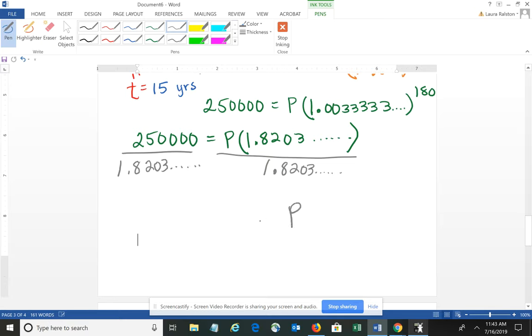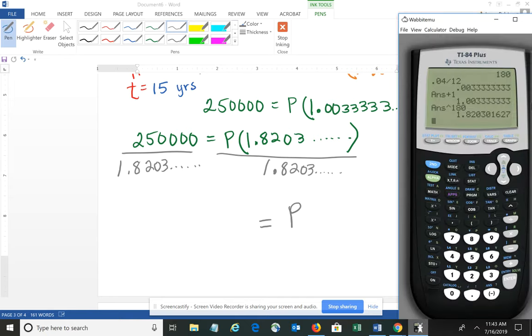So I have P equals 250,000 divided by, and I'm going to put that answer in there. Okay, so we press the blue second button and then the little negative key down next to the decimal, and it's going to automatically pop in that 1.8203001627, and I can press enter, and it gives me the answer.